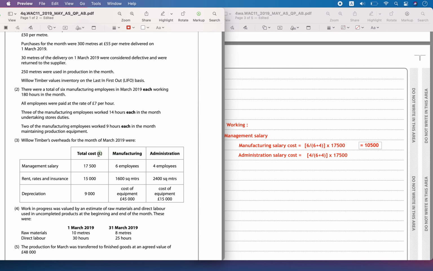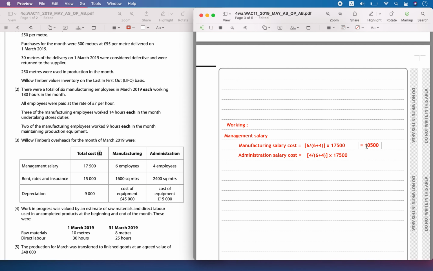That is the salary ratio for manufacturing, and for administration it is the remaining 7,500 out of the 17,500.